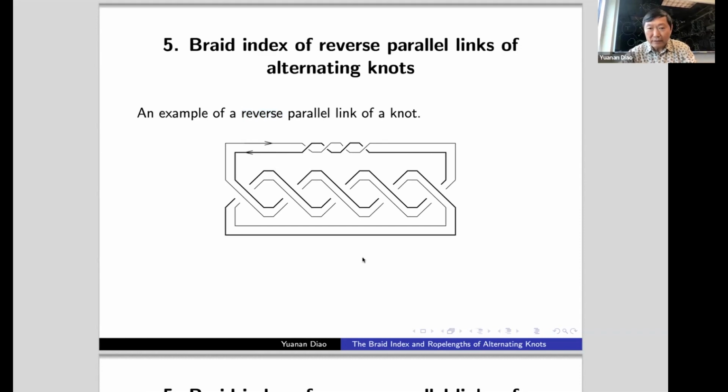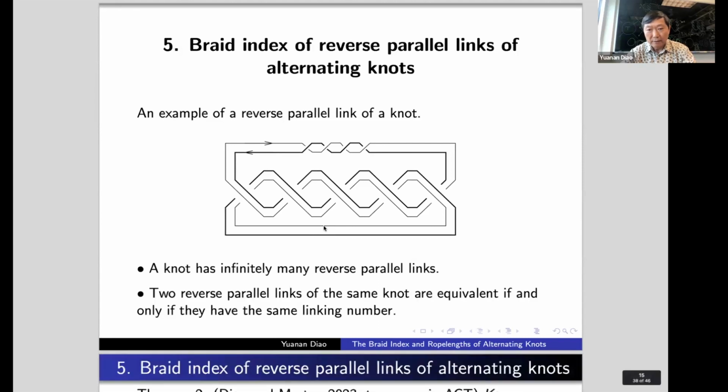So, how does this help us? You know that you can make infinitely many links like this for any knot. But the good news is that they can be classified: basically two such things are equivalent if they have the same linking number, and vice versa.